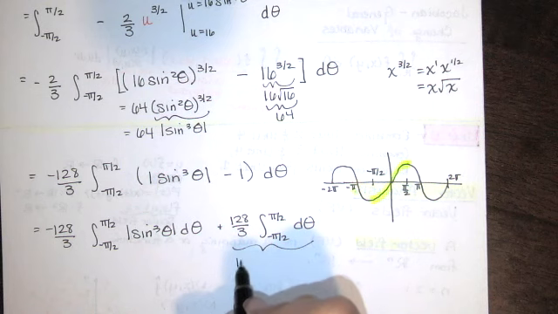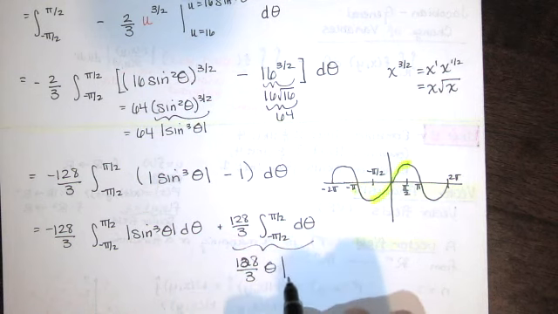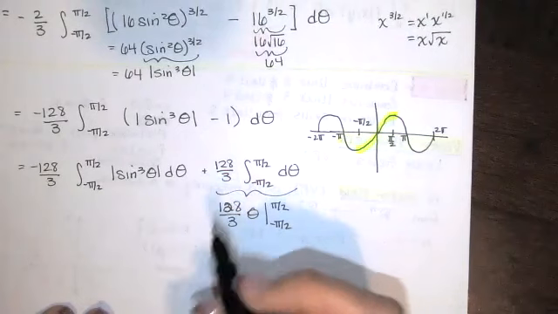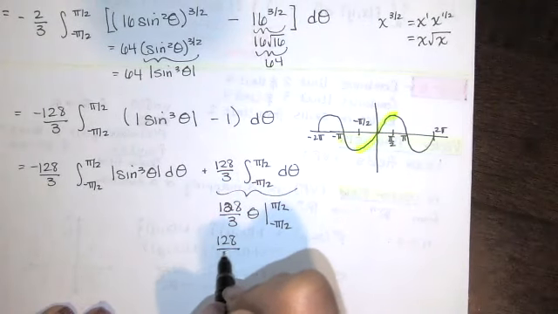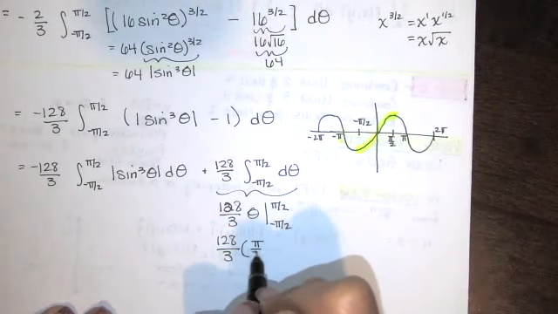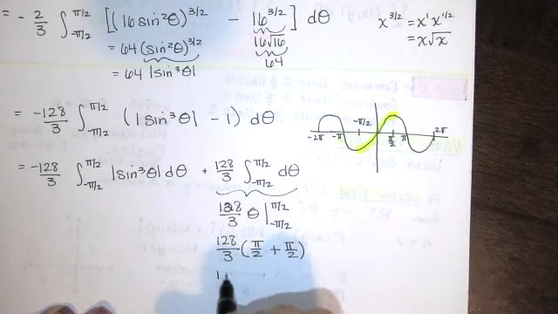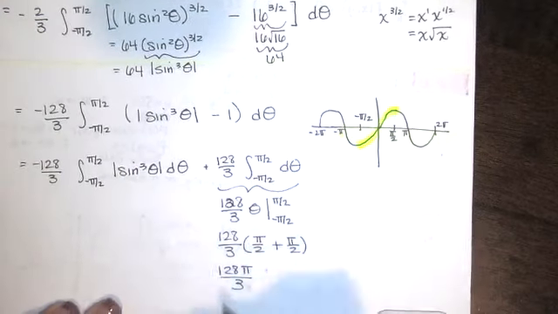This piece is 128 over 3 times theta, evaluated from negative pi over 2 to pi over 2, which is 128 over 3 times pi over 2 minus a negative pi over 2. So that just gives me 128 pi over 3 for this piece.